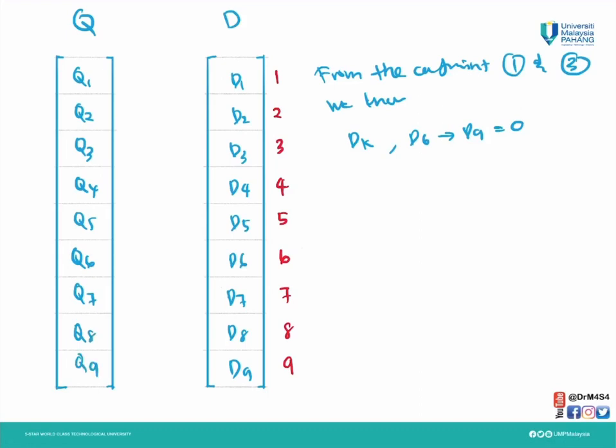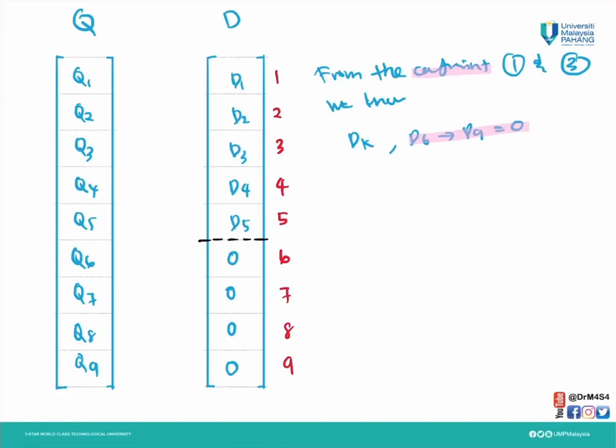From the constraint, D6 to D9 is 0, so here is 0, 0, 0, 0. So we know the boundary between unknown and known is here.